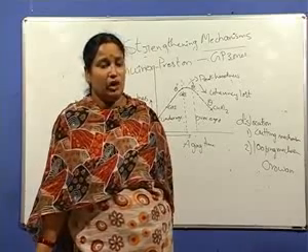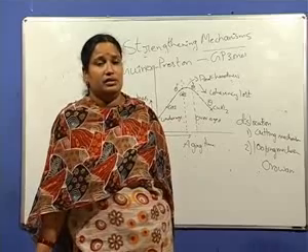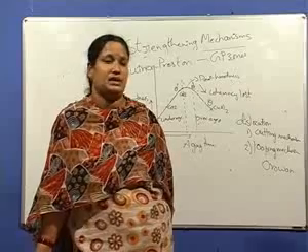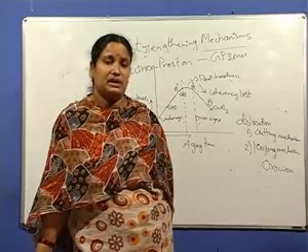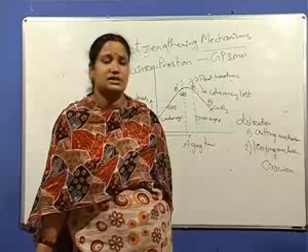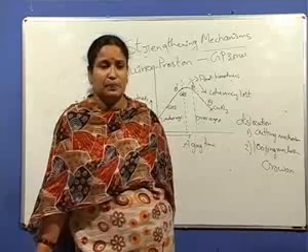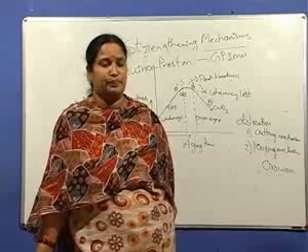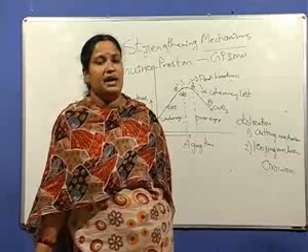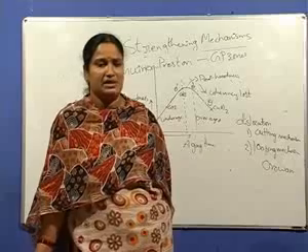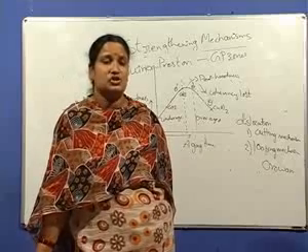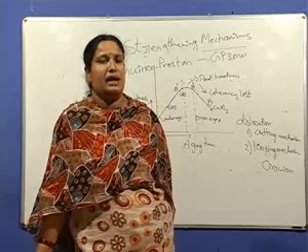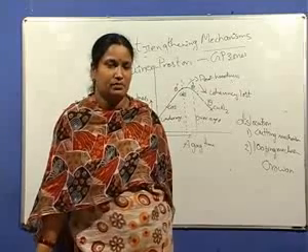When the precipitate particles are larger, that is, for coarser precipitates, the dislocation cannot cut through them, and then the mechanism that operates is the looping mechanism. That means the dislocation has to bend around the precipitate particles and bypass them.